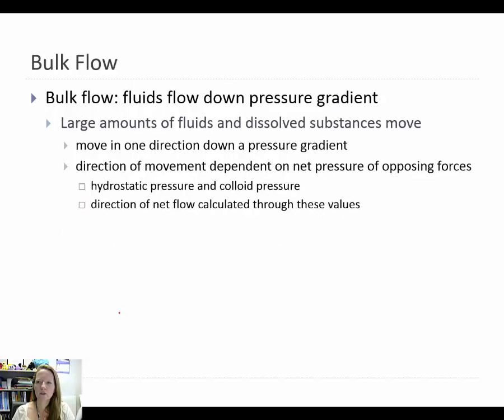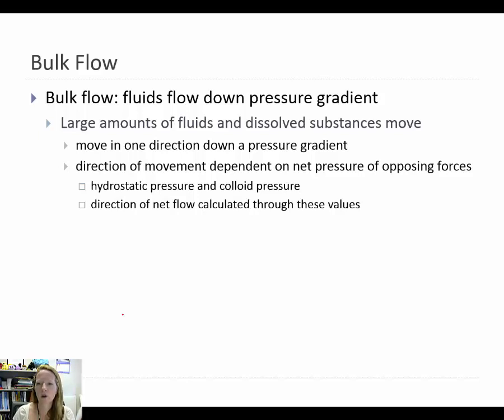But really, in order to make this whole process more efficient, especially here in the capillaries, we're going to use something called bulk flow. And bulk flow is just this mass movement of moving fluids out of the blood vessel or moving fluids into the blood vessel.